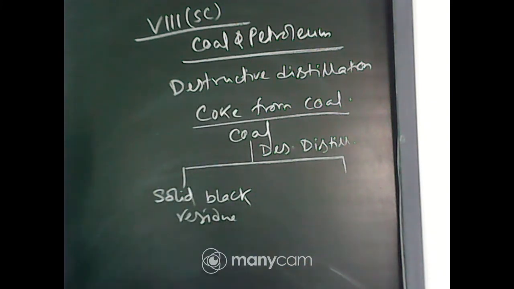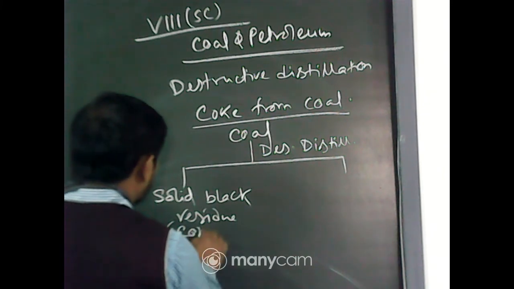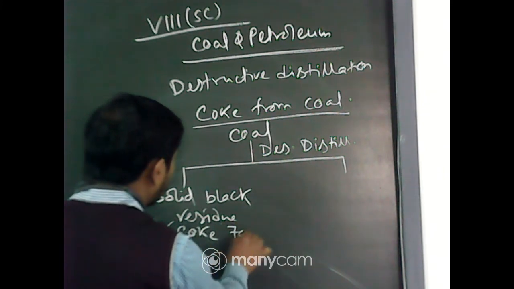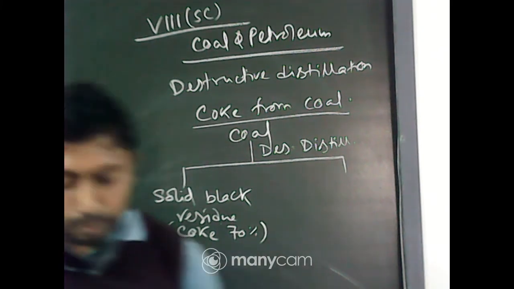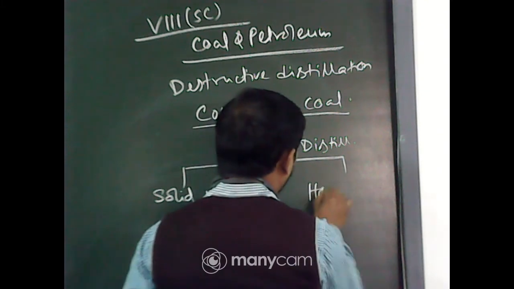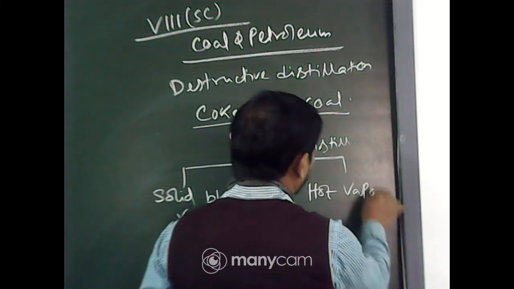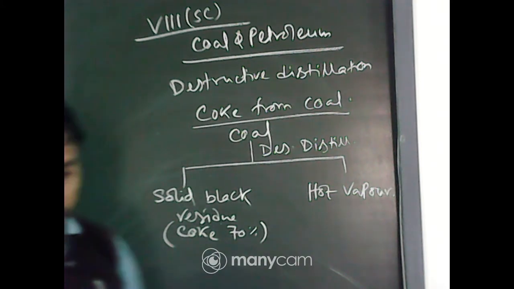You can note this black residue is called coke. This is around 70% of its mass. And the right-hand part will produce hot vapor.